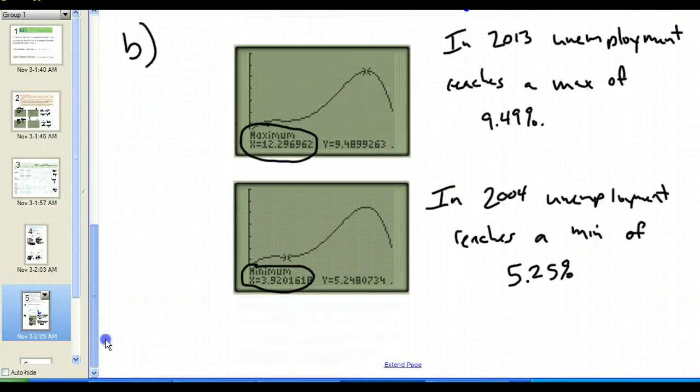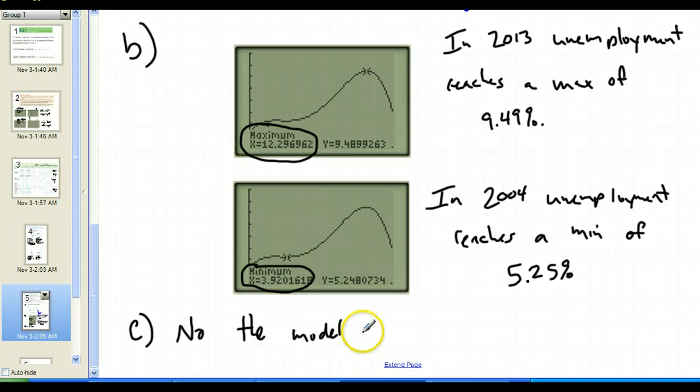So our answer to part C is a resounding no. Not the graph, but the model. The model is useless once y is negative.